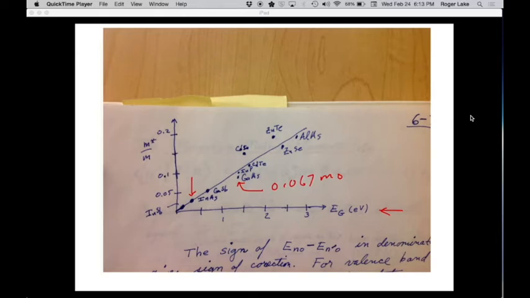And indium arsenide, I think, is on the order of 0.03 m0. Indium antimonide is ridiculously low, like 0.015, I think, m0. Anyhow, as you can see, what we derived with our simple k dot p expression does indeed work really well for the direct gap semiconductors.